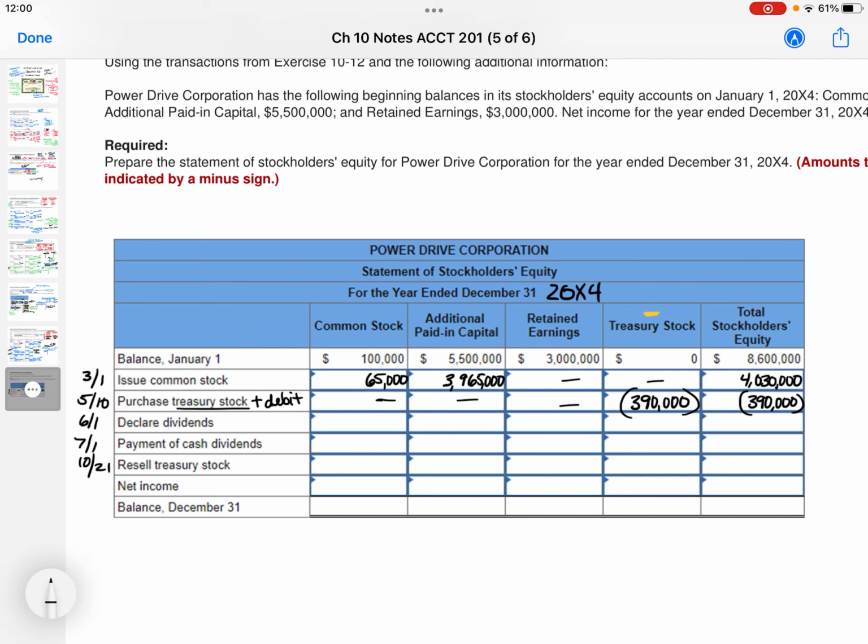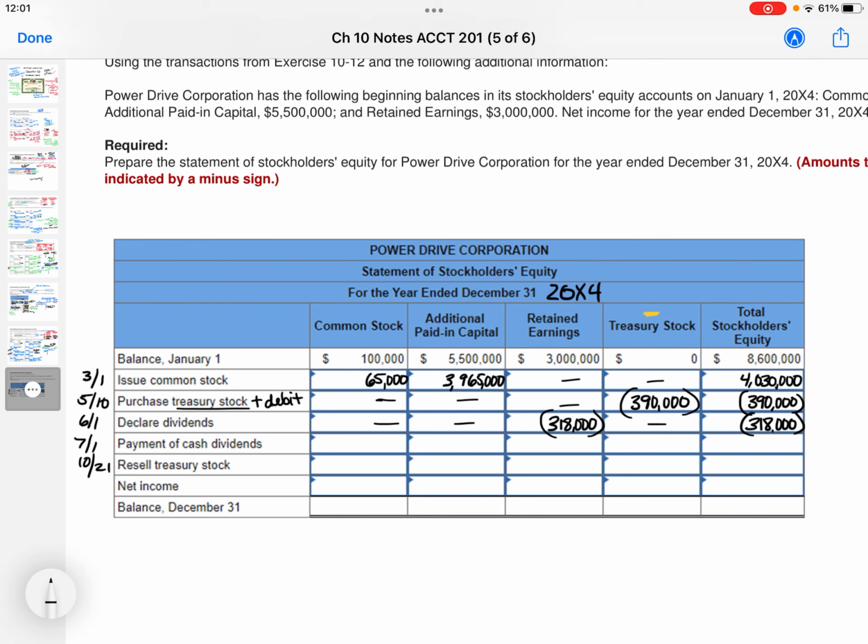We declared dividends. Dividends are also a negative transaction because it's a debit balance contra equity account. So $318,000 negative, and that goes in the retained earnings column. Remember that? Dividends and net income go in that retained earnings column. Payment of dividends.